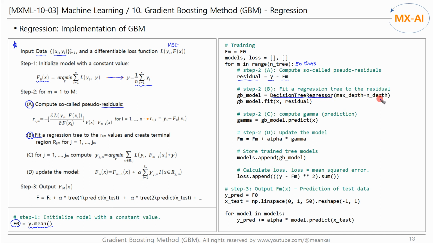Set the tree's depth to 3 to make it slightly shallower. And we fit this model to the training data x and the residuals calculated above. In step C, we calculate the gamma, which is the leaf value. When we input the training data into this model, the output is the gamma, which is the leaf value.